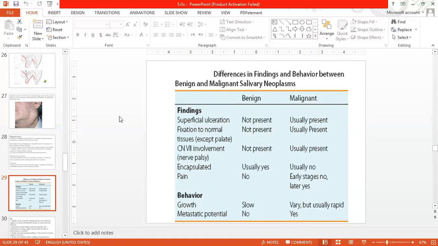There is also some dilemma in how to differentiate between a benign tumor and a low-grade malignant tumor, because a low-grade malignant tumor may also behave as a benign tumor. So the diagnosis mainly depends on FNA, and if the FNA is not conclusive, we can go for surgical excision by superficial parotidectomy and then submit the specimen for histopathological examination to differentiate between these types of tumors.